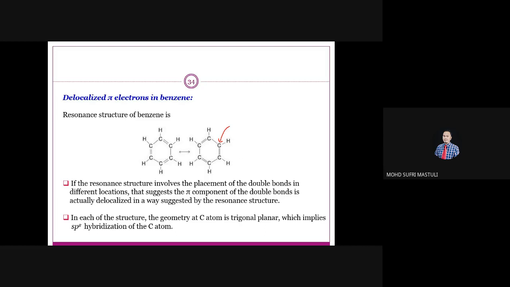For this carbon, the bonding pairs are 1, 2, 3. And the number of lone pairs is 0. So the electron domain becomes 3. When it is 3, the hybridization should be sp2, and the geometry should be trigonal planar.